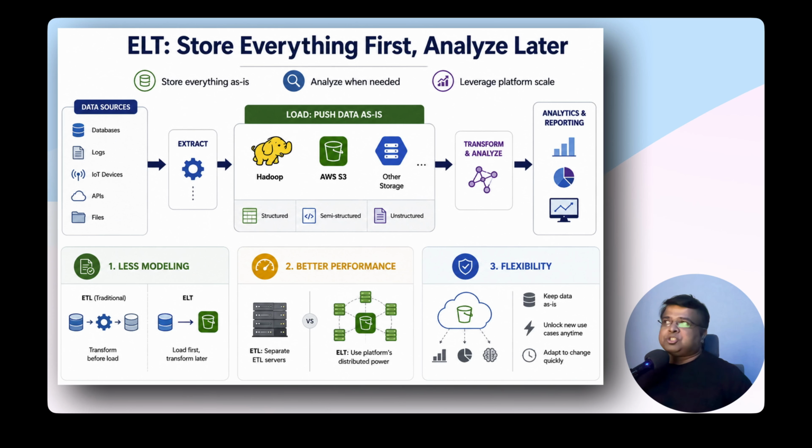Structured, semi-structured, and even unstructured data can all be stored as is without much concern about schema design upfront. The idea is simple, just store everything first and analyze later.